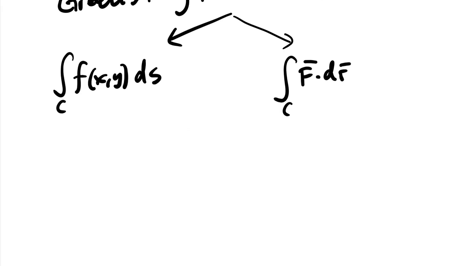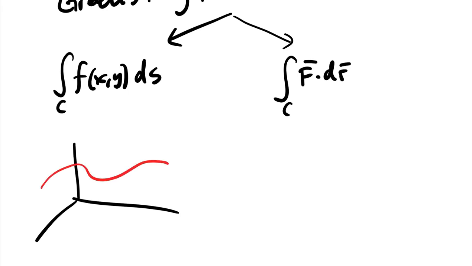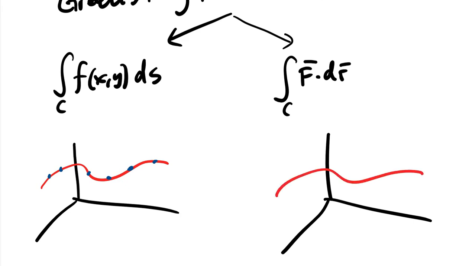The integral of f of x, y ds is like if you have a curve in space, and this curve has the feature where there's a function defined on it everywhere, and you're just adding up all the function values on it. The other one, with this vector field, is where you still have the same curve and these points on it, but the line integral is the vector field dotted with the tangent of the curve everywhere.